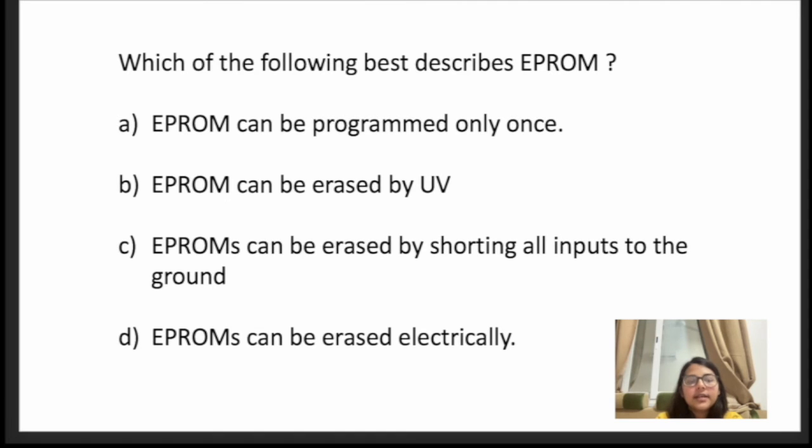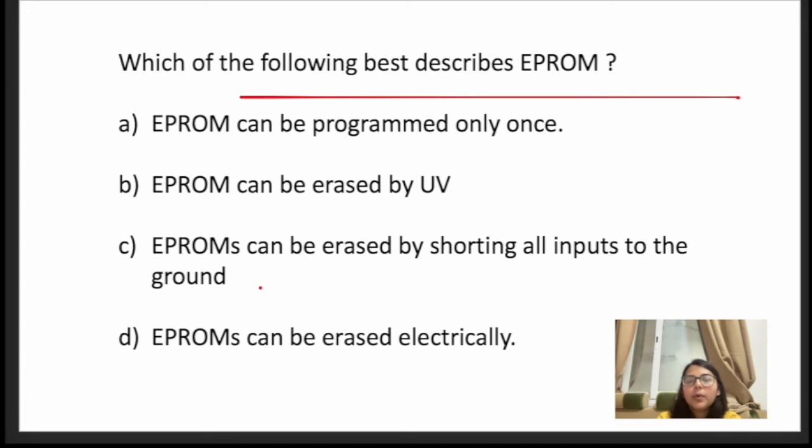So let's discuss EPROM. Which of the following best describes EPROM, students? You have to tell me. EPROM can be programmed once only. EPROM can be erased by UV ultraviolet. EPROM can be erased by shorting all inputs to the ground. EPROM can be erased electrically.